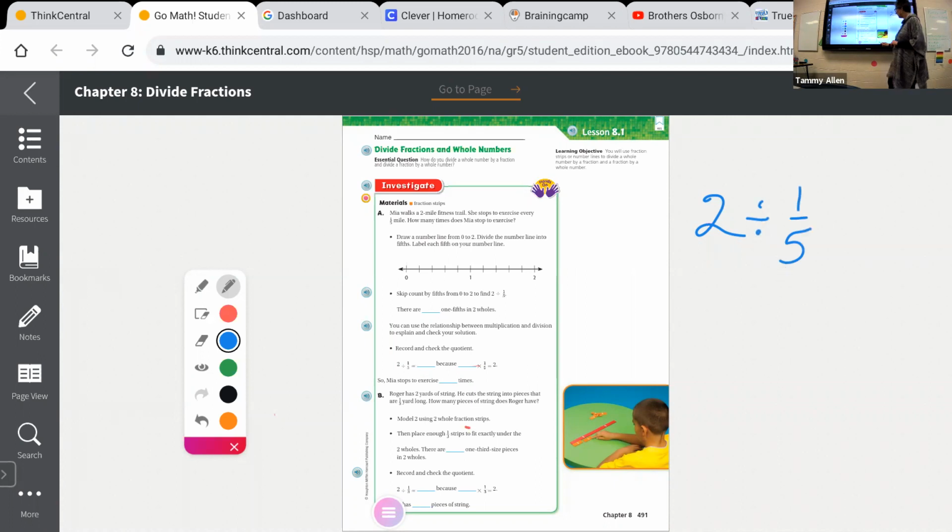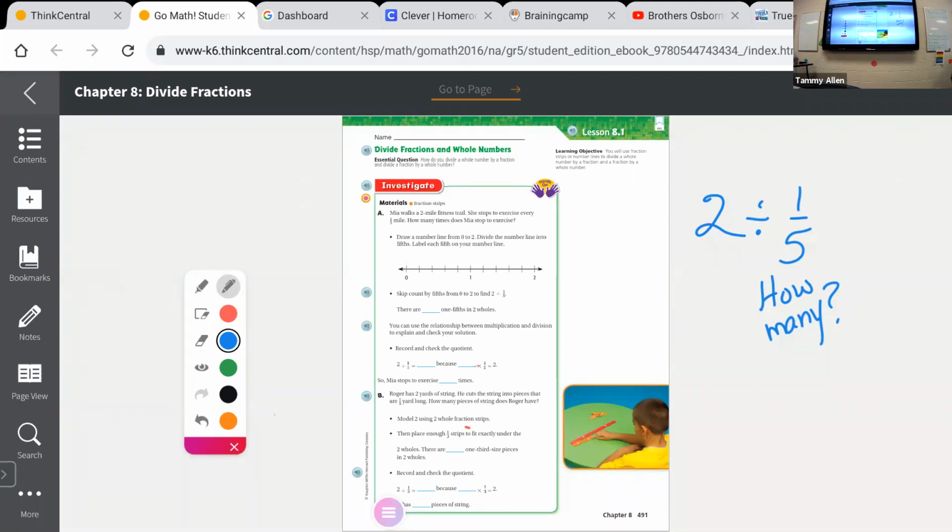So we want to know how many 1/5 chunks are in that 2 miles. Does that make sense? Okay? So when we take a look at division, we want to know how many 1/5 are in 2, right? Does that make sense? How many 1/5 are in 2?